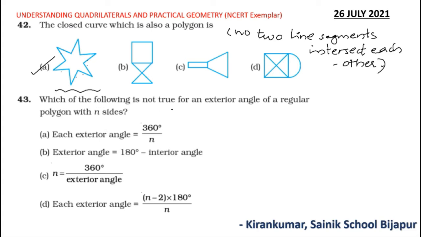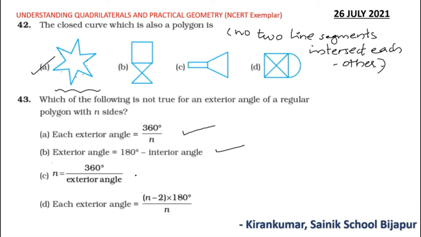Question 43. Which of the following is not true for an exterior angle of a regular polygon with n sides? Each exterior angle is 360 divided by n. This is a true statement. Exterior angle will be equal to 180 minus interior angle. This is also a true statement.